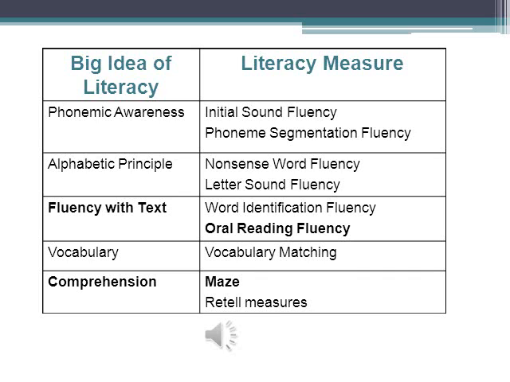We'll also talk about vocabulary. Typically the assessment there has been vocabulary matching, but more importantly we talk about that vocabulary in terms of comprehension, and comprehension is often measured with the maze, and we'll learn about that this week as well.